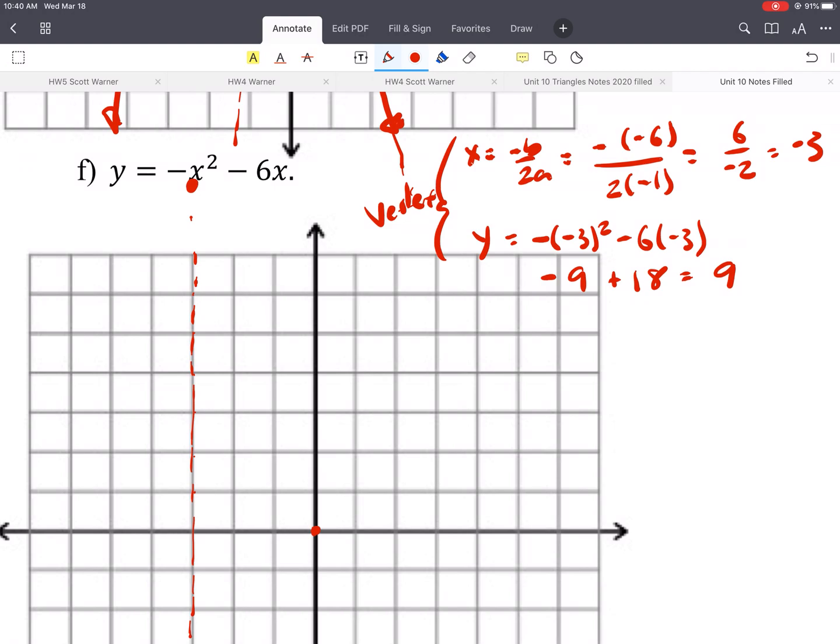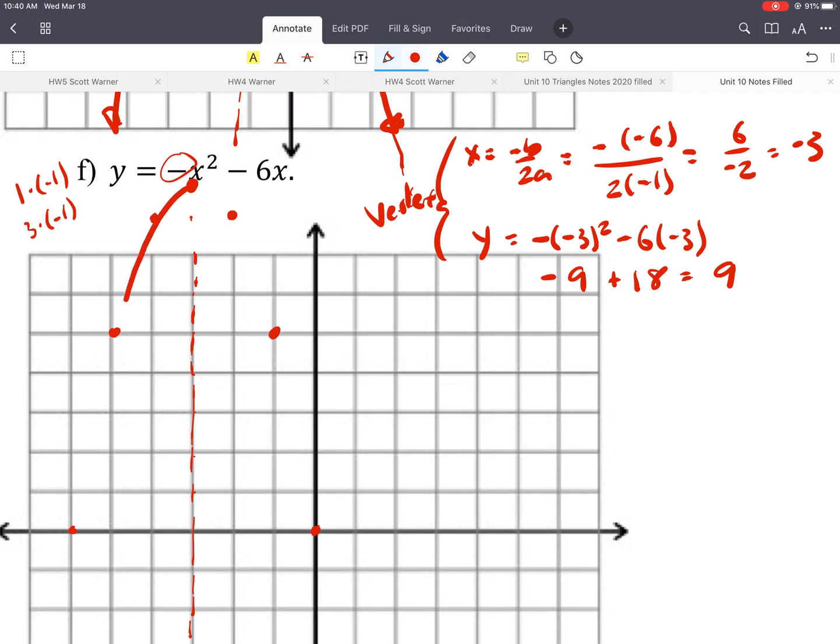And then we use the growth pattern. A is negative, so we'll do 1a, 3a, 5a: 1 times negative 1, 3 times negative 1. So go over 1, down 1, over 1, down 3, over 1, down 5. Okay, need to fix this for next year.